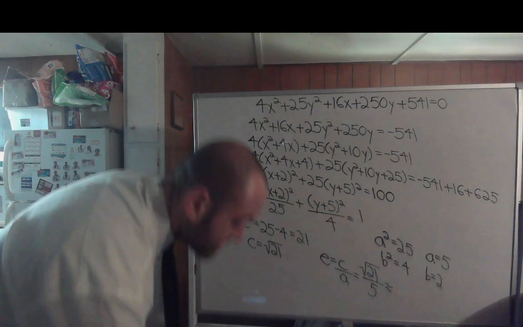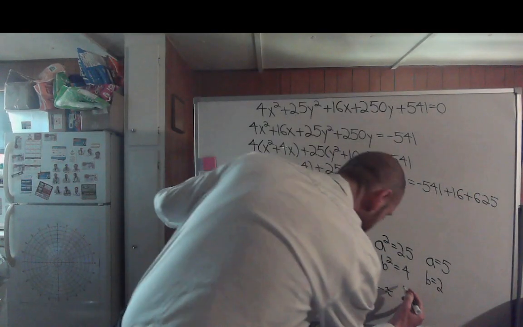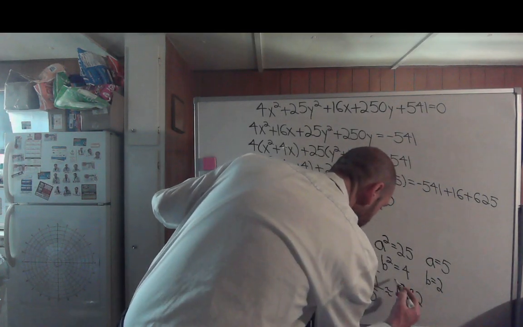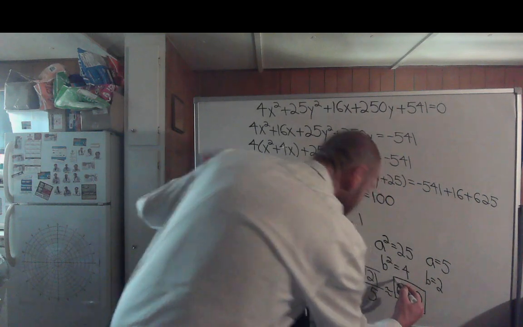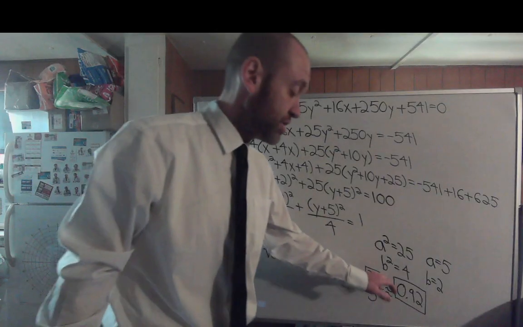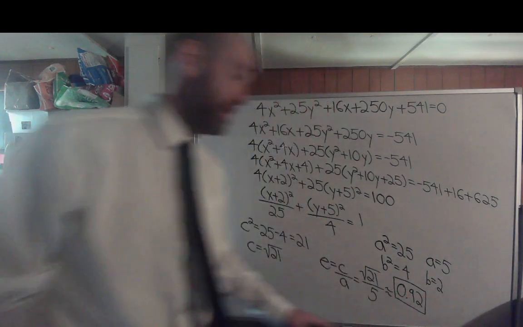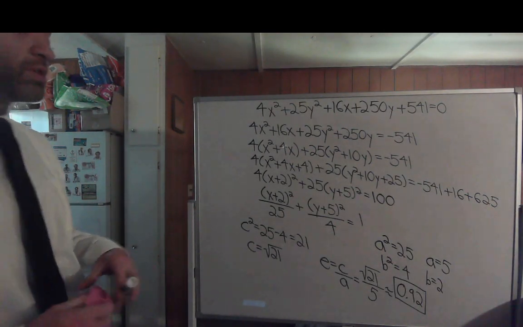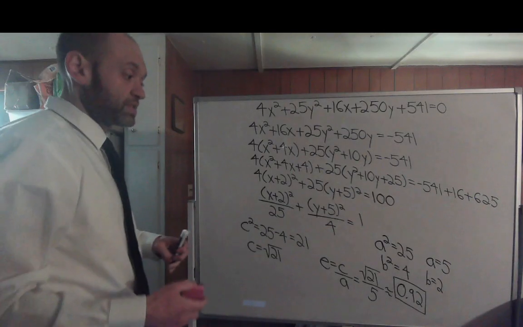So you get an eccentricity, if you're rounding to 2 decimal places, of about 0.92. So the eccentricity for this ellipse comes out to about 0.92. Greater than 0 but less than 1. So this is definitely an ellipse.